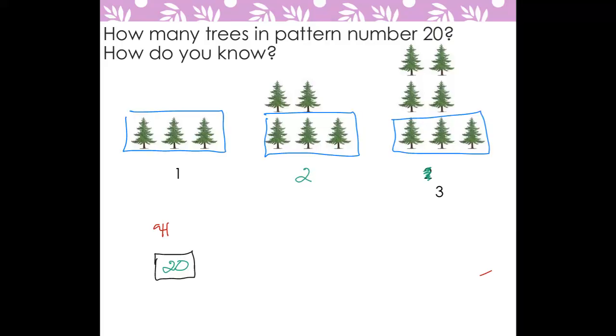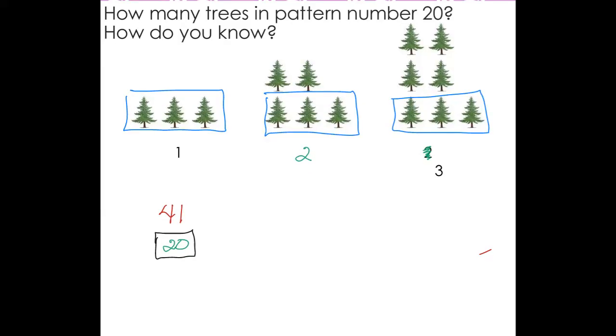Okay. So based on when they go up by 2, could you figure out how many trees are in pattern number 20? Okay. How could you do that?